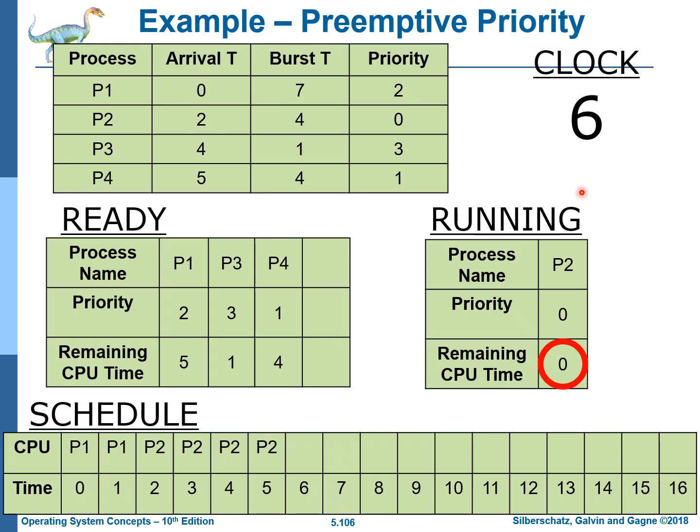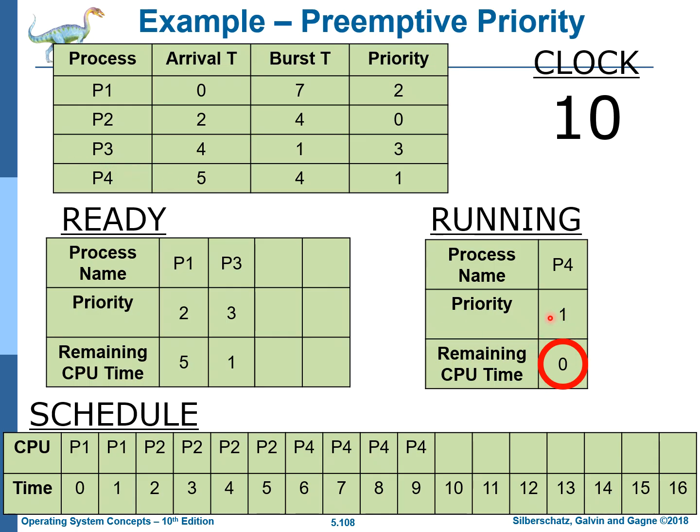When P2 is done, we're going to pick a new process based on their priorities. So we'll look at this list and find P4 has the most important priority number. P4 will get to go next. P4 runs for all 4 of its time units. No new processes are arriving, so nobody's going to preempt it.